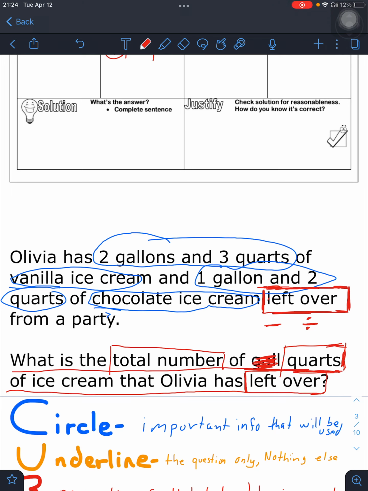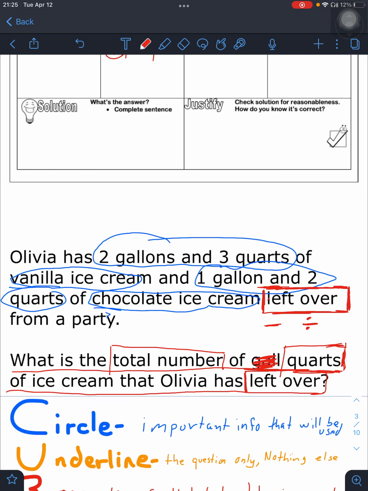So we're combining both of these because she wants to know how many she has left over in total. So even though leftover usually is telling us subtraction or division, in this example, we're trying to find out the total number of ice cream quarts that were left over.